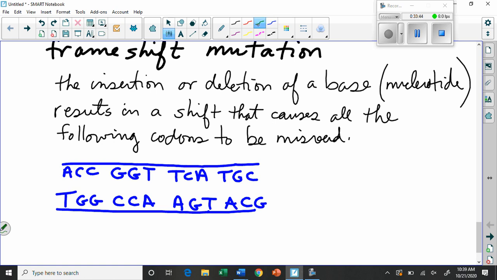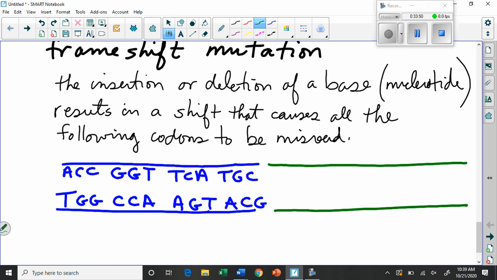Okay. Now our warped or mutated piece is going to look like this. There's going to be an extra letter in there. So in our mutated piece, we're going to have the ACC still there, but now we're going to insert an A. So G, A, C. Nope, GAG, sorry.